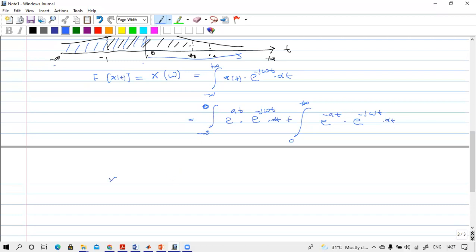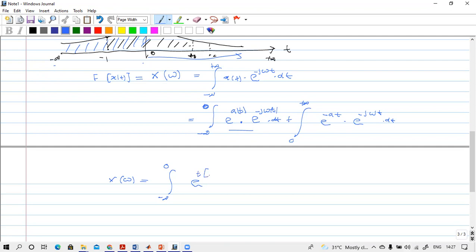So X(omega) is equal to, here minus infinity to 0, so you can see that both have the variable t, but we can write it in one term. From minus infinity to 0, e to the power, t is common.